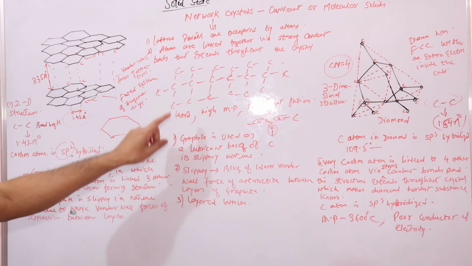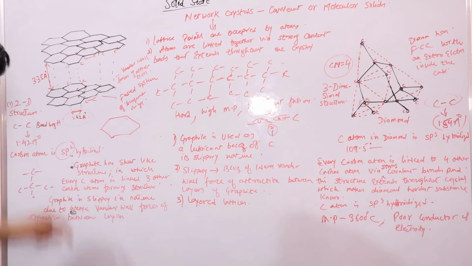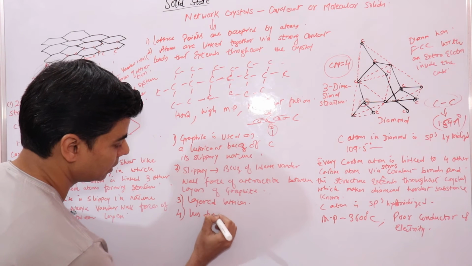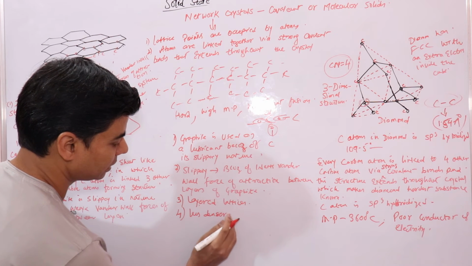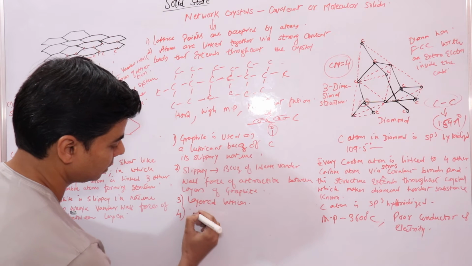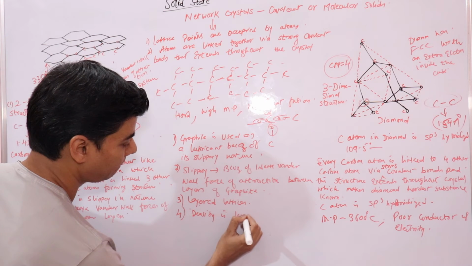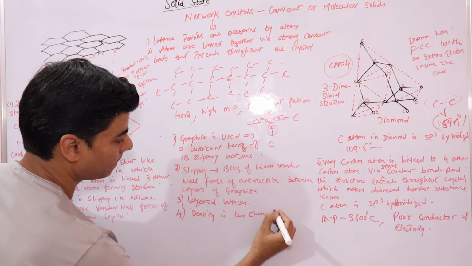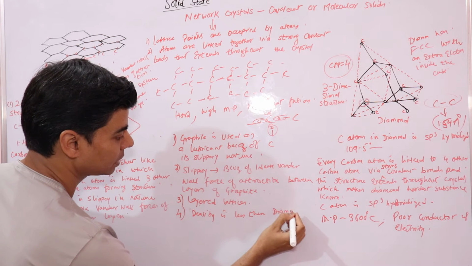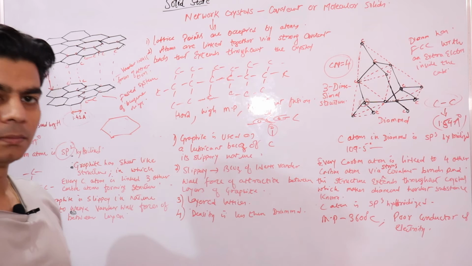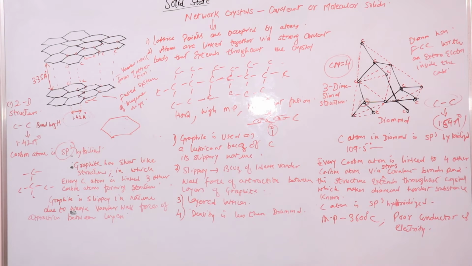Now it is less dense, we have discussed this already. Its density is less than diamond, again because of weak van der Waals forces of attraction between the layers of graphite.